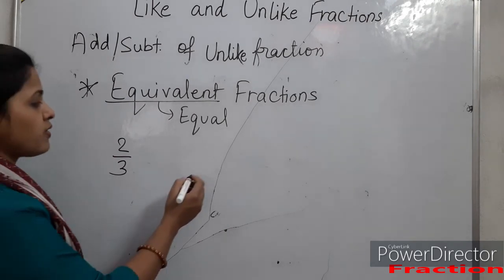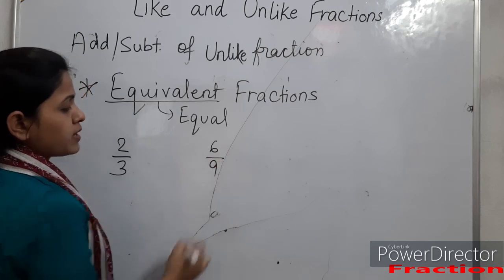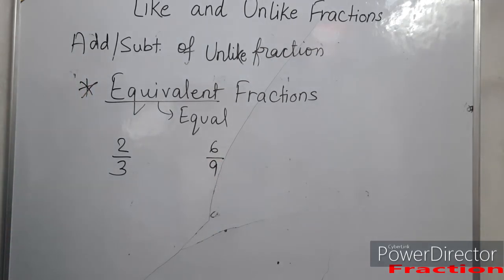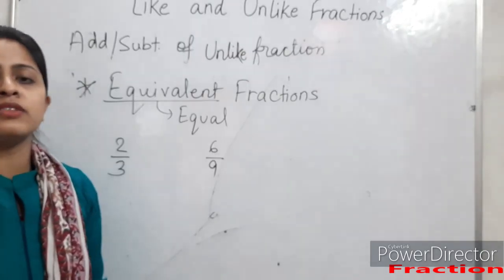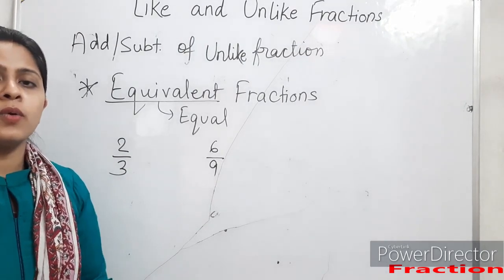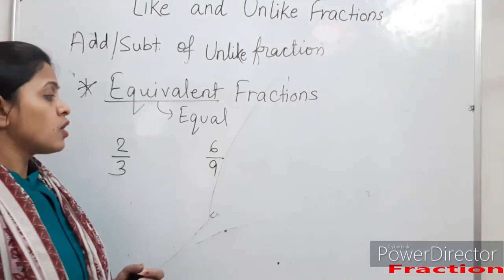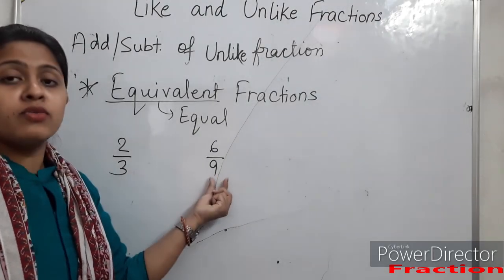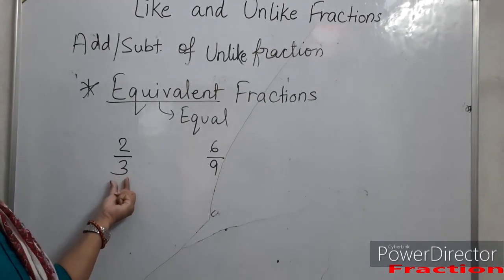Now just see, if I write 6/9, can we say that 2/3 and 6/9 are equivalent fractions? Yes. Why? Because when we convert it into the simplest form, it becomes 2/3.